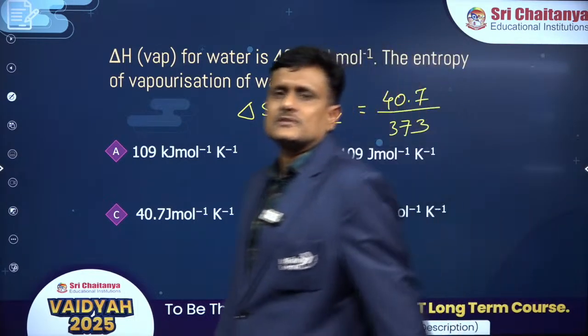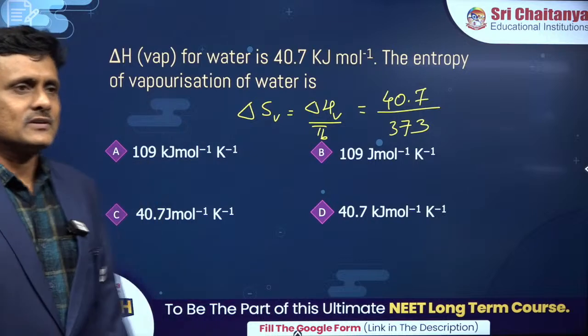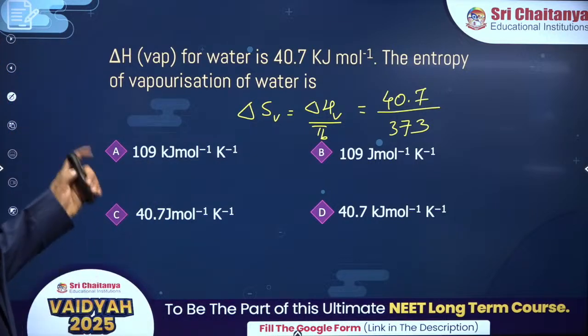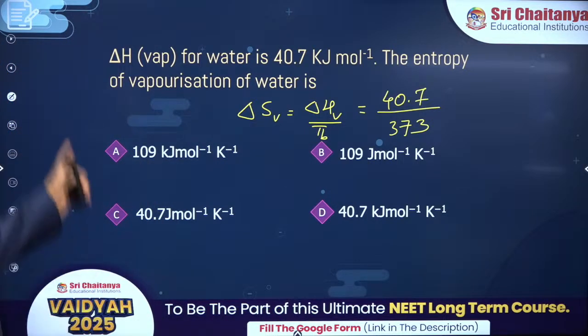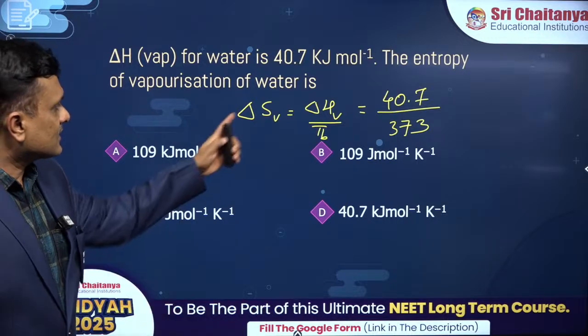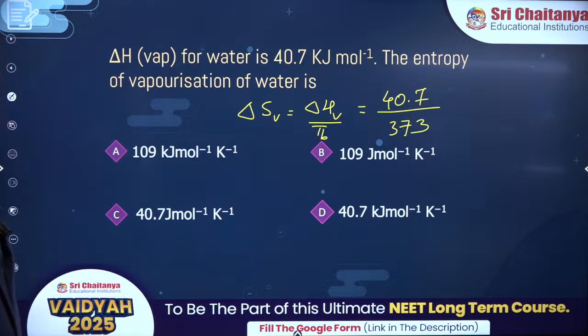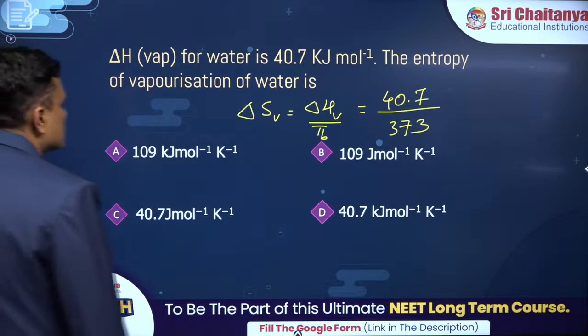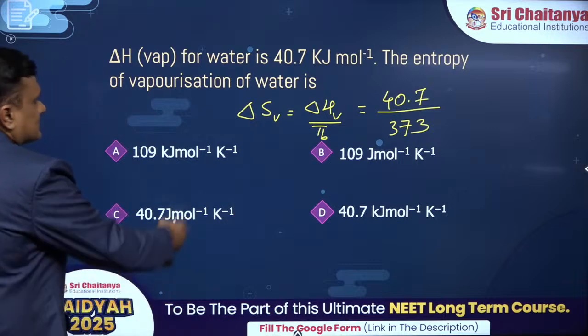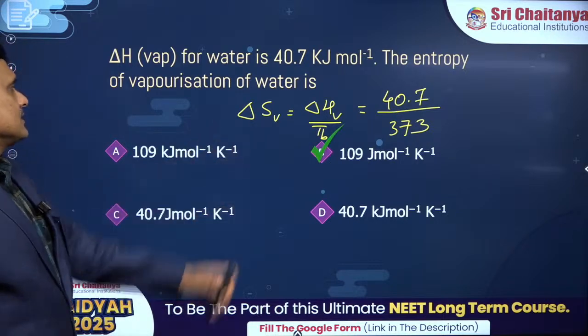Please substitute and get your answer. So delta S is asked, delta H is given, boiling point of water is 100 degrees, that is nothing but 373 Kelvin. Please substitute the value and get your answers. Alright, so you can see it should be in joule, it cannot be in kilojoule, right? Either this or that would be the right answer.